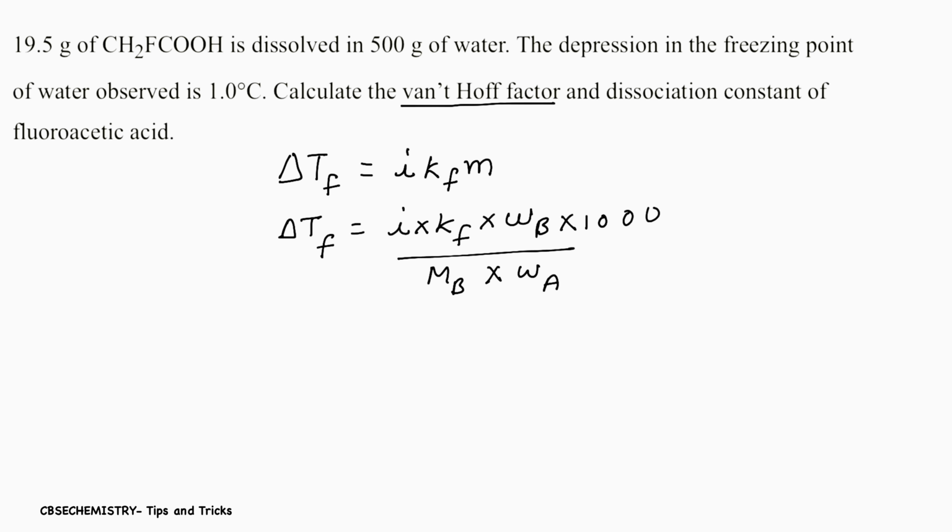So this is the equation. Now what is WB? WB is the mass of solute. MB is the molar mass of solute. WA is mass of solvent. Okay, right?